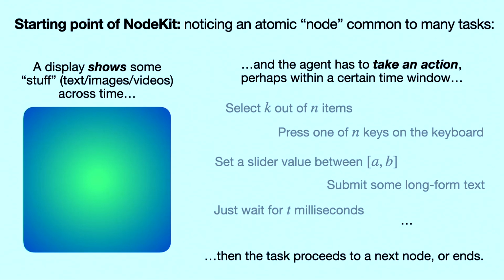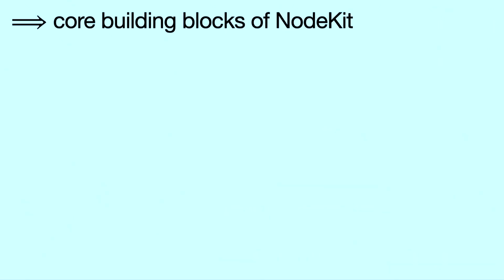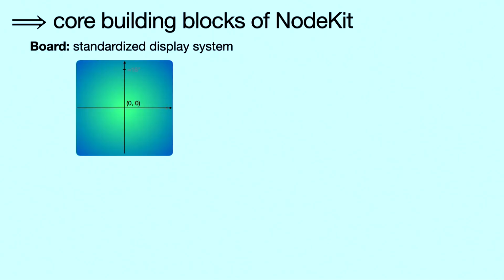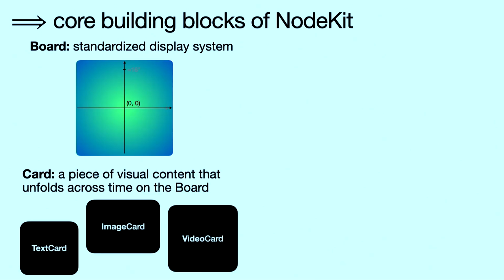And then after this happens, the task proceeds to another interaction like this one. So this directly leads to the core building blocks of the NodeKit library. There are 3 ingredients. The first one is what we call the board. This is just a standardized display system. Secondly is the card.